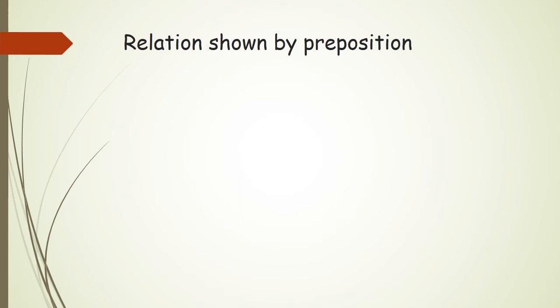I told you that prepositions show relation between a noun and other parts of the sentence. So what type of relationships do prepositions show? First of all, it shows relation of position or place. Here are two examples. We were at the mall.